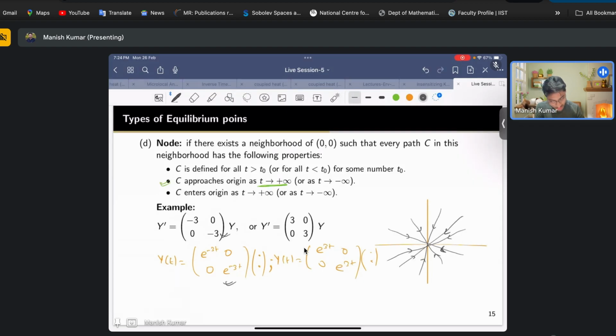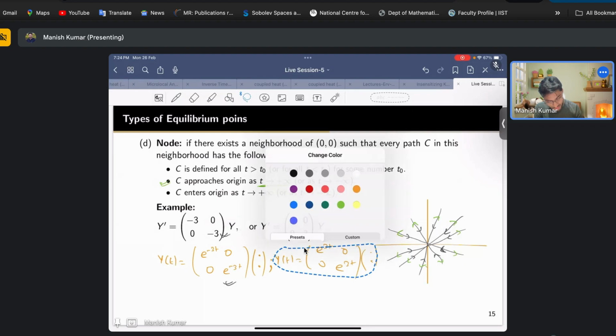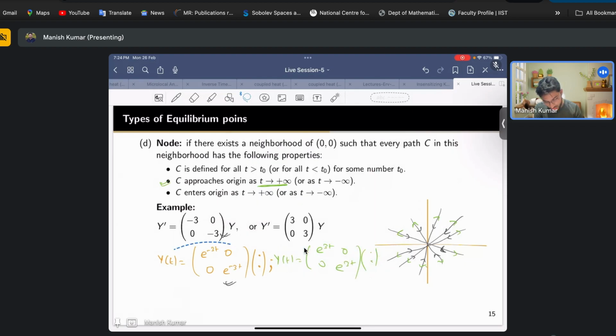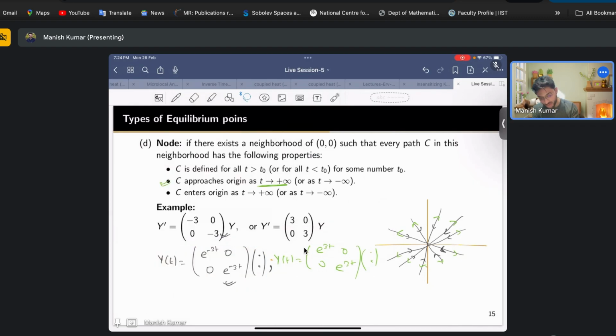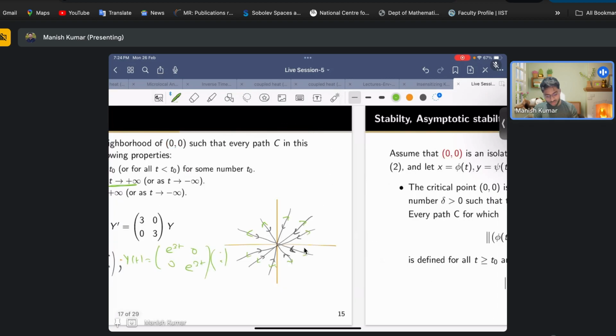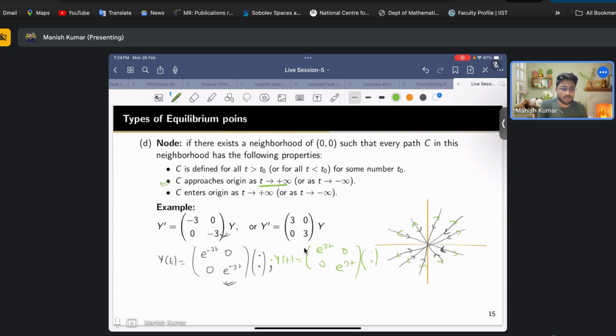But if you have this positive sign, then you will have this kind of relation. Draw with green. But in both cases we know that both are entering paths, right? This is for green and this is for black. So this is all about node, it should be an entering path, that's it.